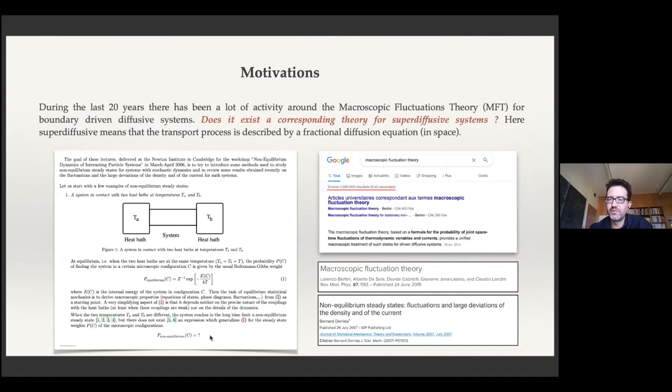For me, superdiffusion means something very precise: the transport is described macroscopically by a fractional Laplacian, so instead of the Laplacian, you have a fractional equation in space. This motivates what I will present in this talk, even though I am still not able to develop a macroscopic fluctuation theory for superdiffusive systems; it is a long-term project.